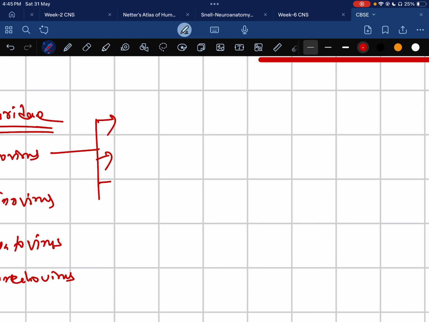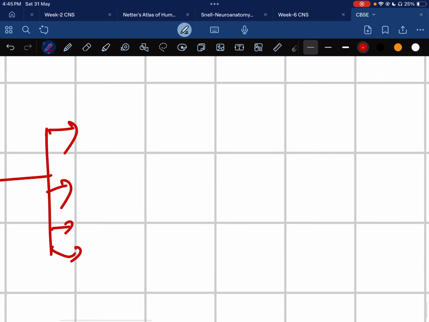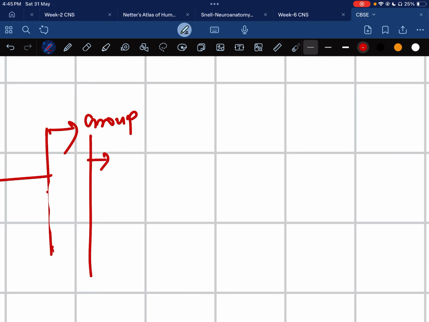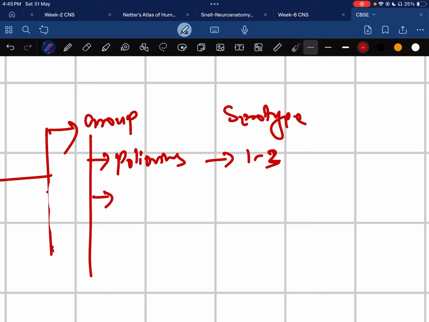In the enterovirus, there are groups and serotypes, and we are going to discuss the groups and serotypes. In the groups, there is poliovirus, which has serotypes 1, 2, 3.